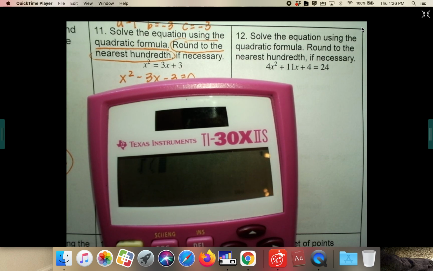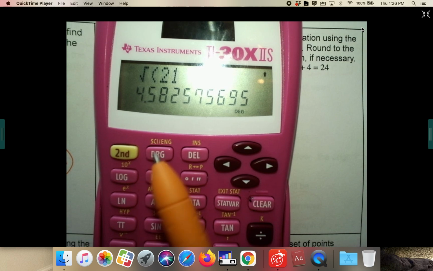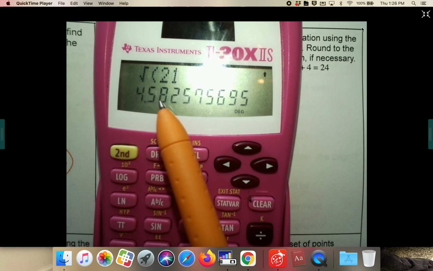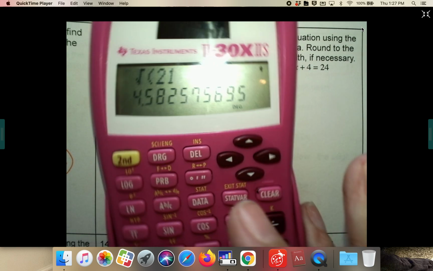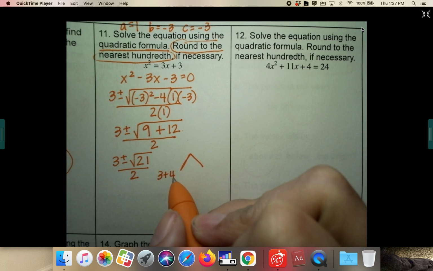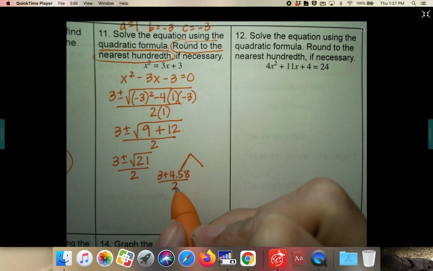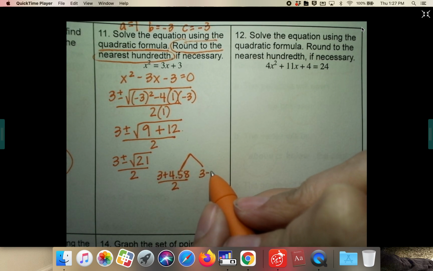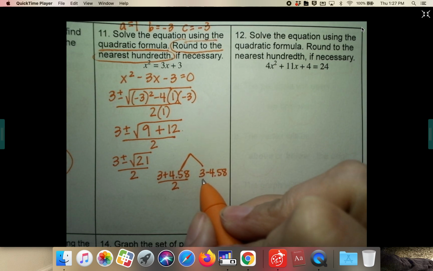I'm going to call it 4.58 because the 2 won't bump it up. So I'm going to do 3 plus 4.58 divided by 2 and 3 minus 4.58 divided by 2.